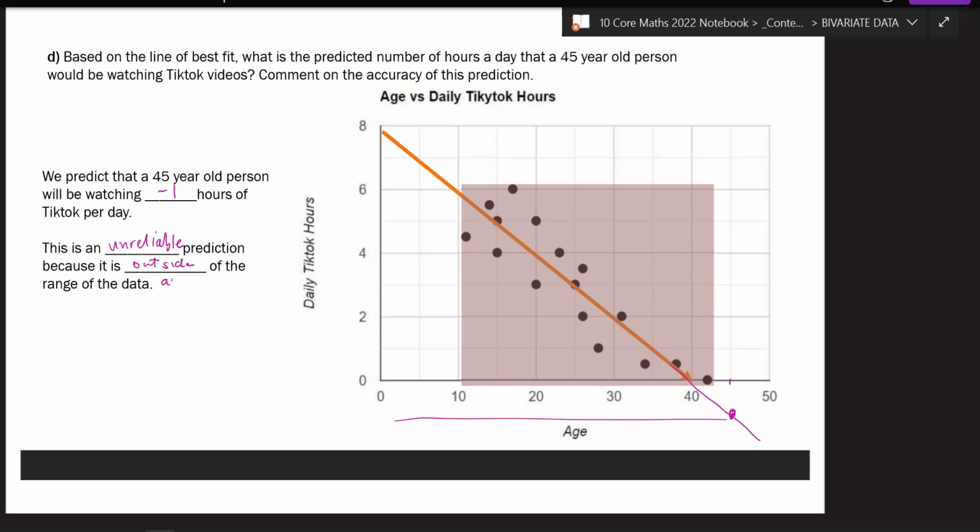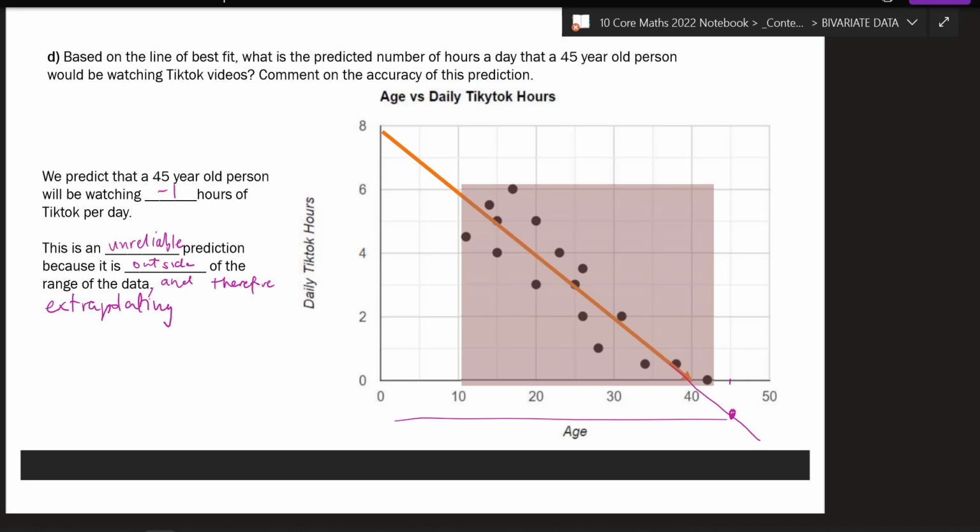And therefore, extrapolation or extrapolating. And obviously, you can't have -1 hours for watching TikTok videos. So would you still get a mark if you put zero? No, you'd have to put the actual prediction, even though it doesn't make sense.